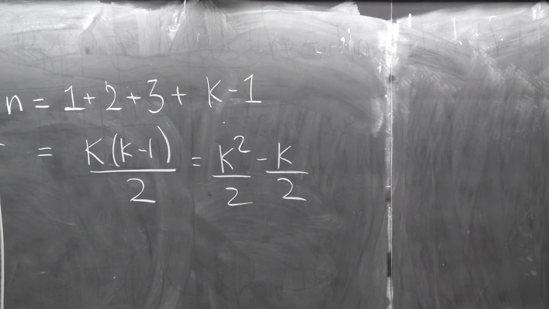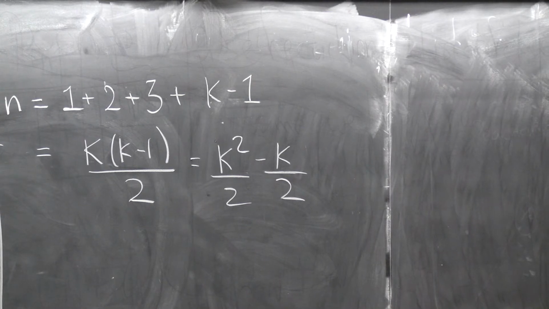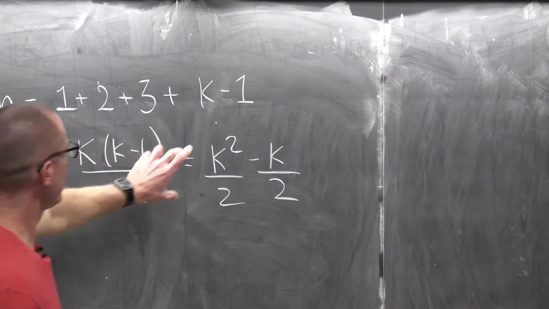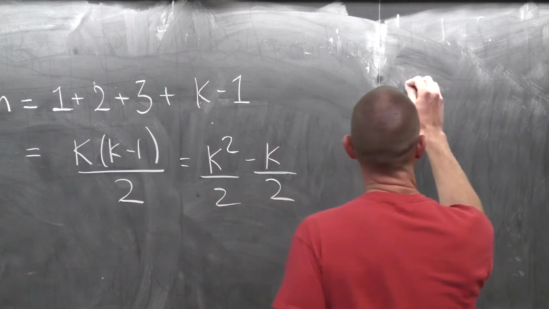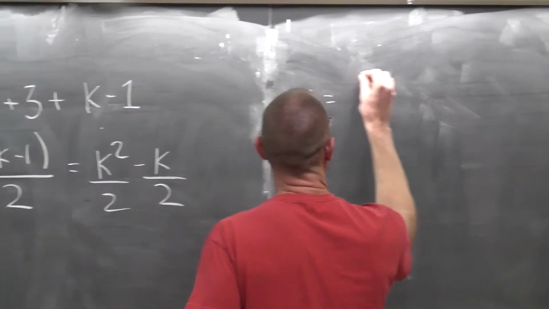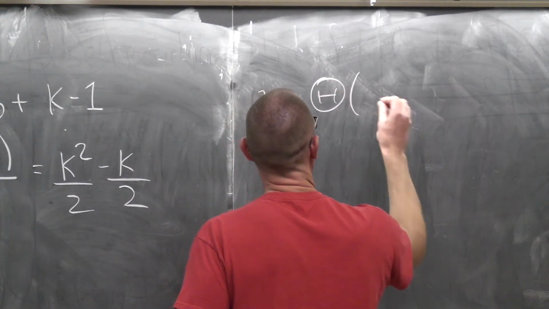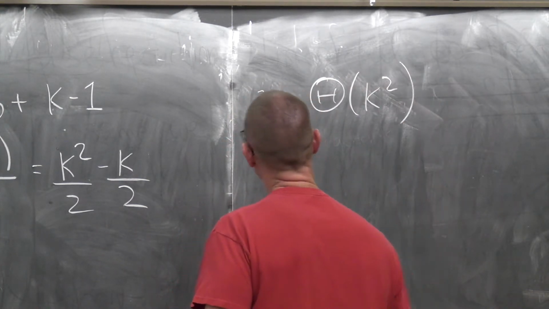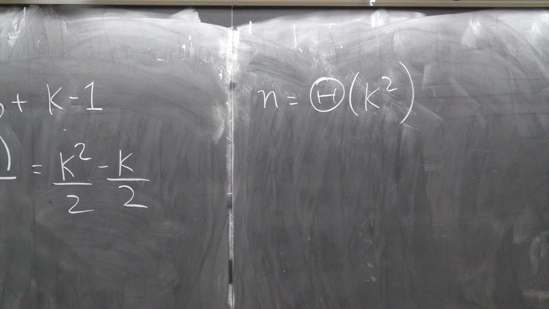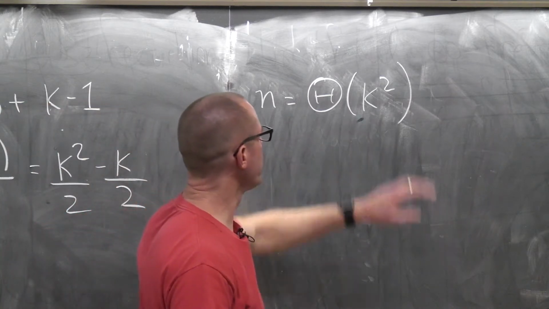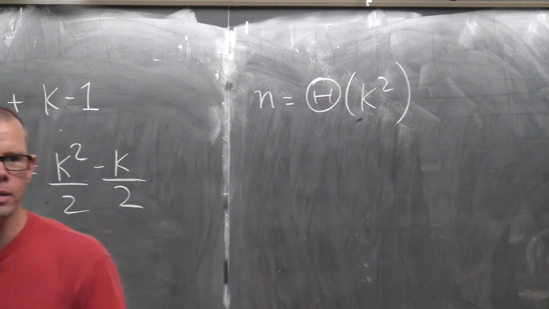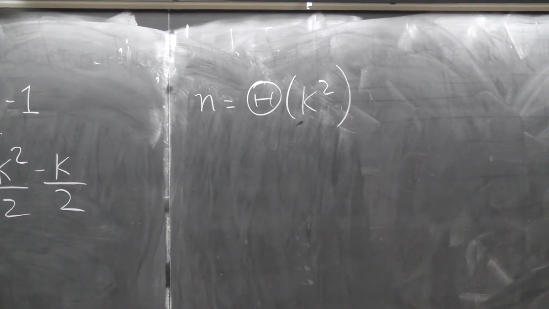So n is roughly k squared, in terms of asymptotic notation. N is theta k squared. It's at least a constant times k squared, and it's at most a constant times k squared when n gets big enough.